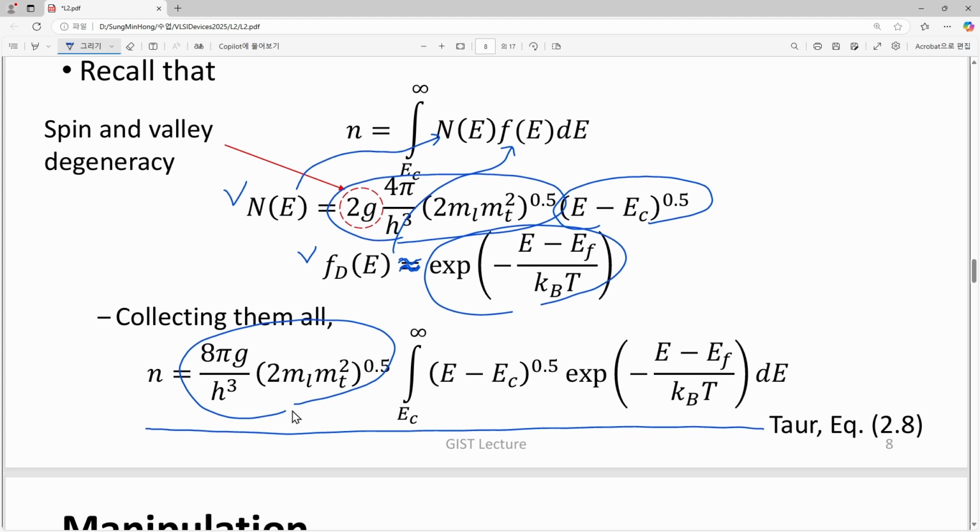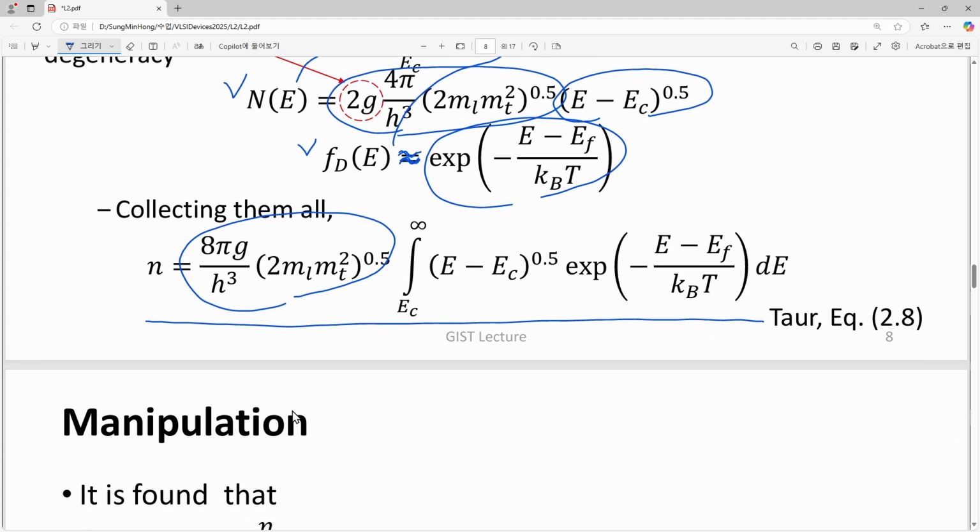Now we have this one. Simply speaking, it has the form of square root of E times exponential of minus E over kT dE.